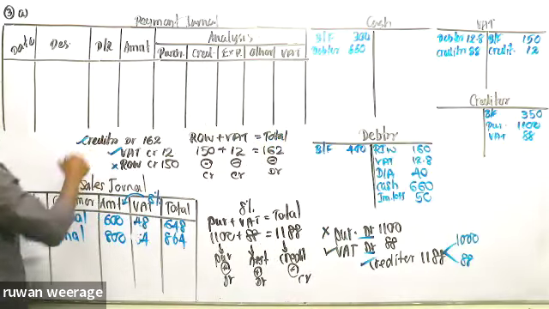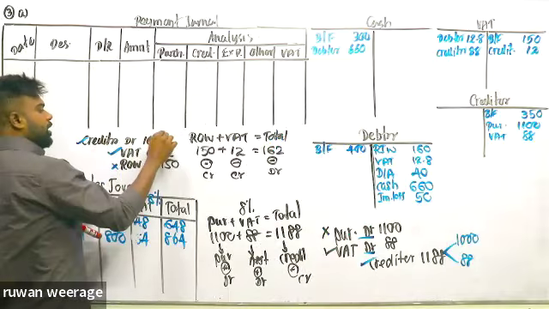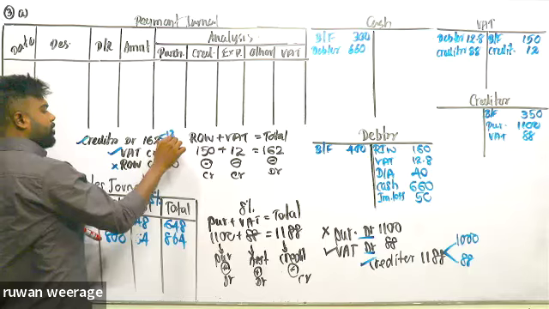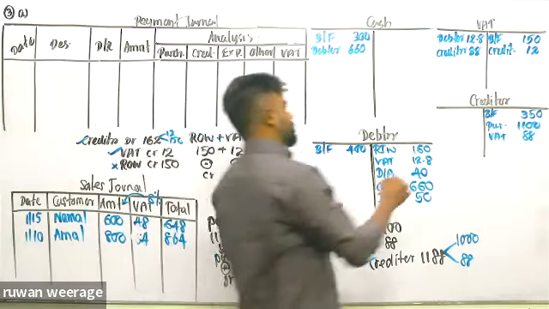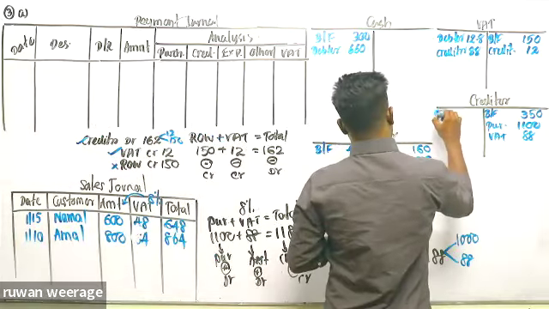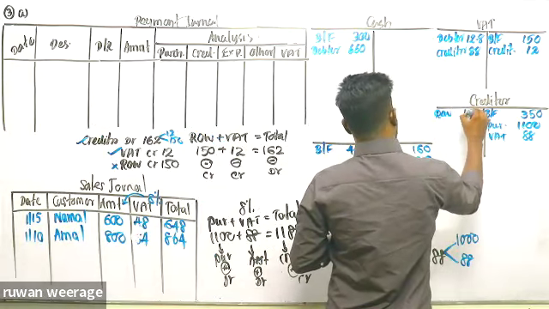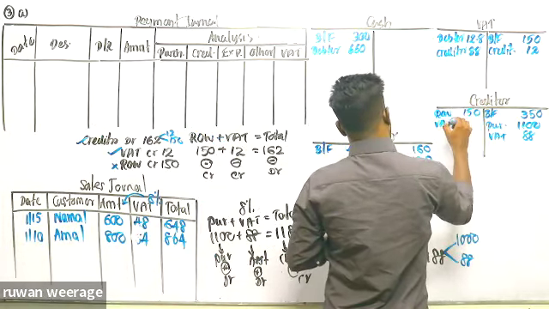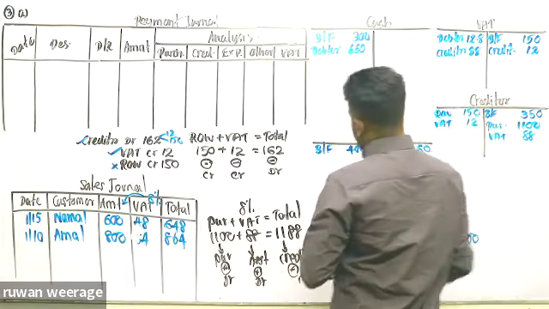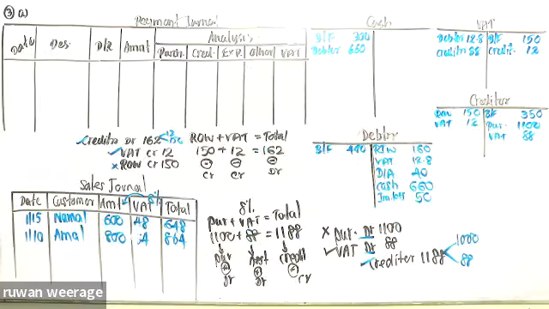Creditor debit. Creditor account also you have to prepare, but debit it separately. 12 and 150 debit creditor. Like this, you have to record. Double entry clear.